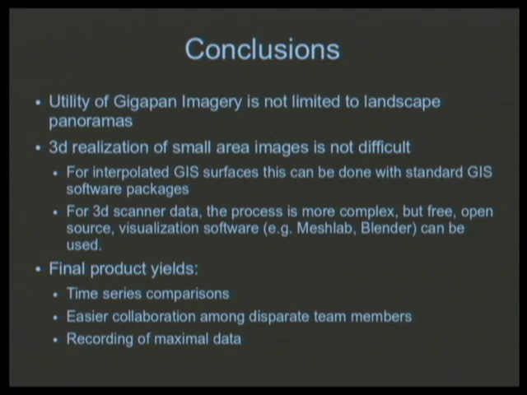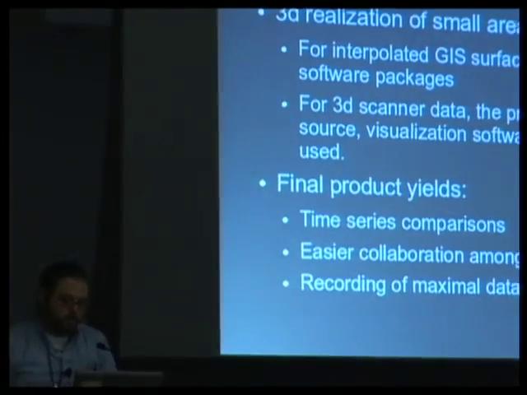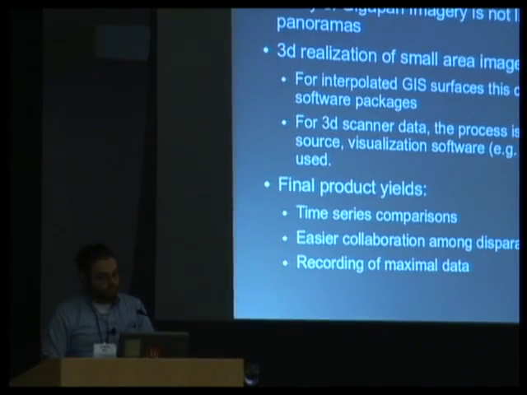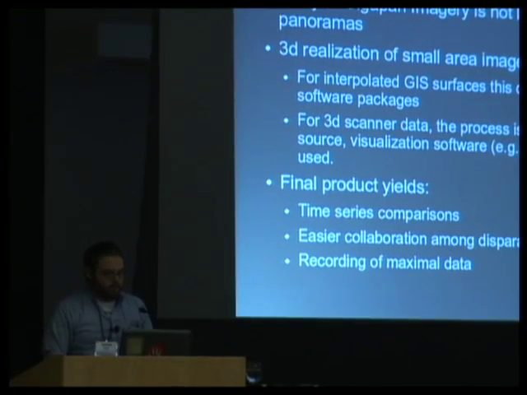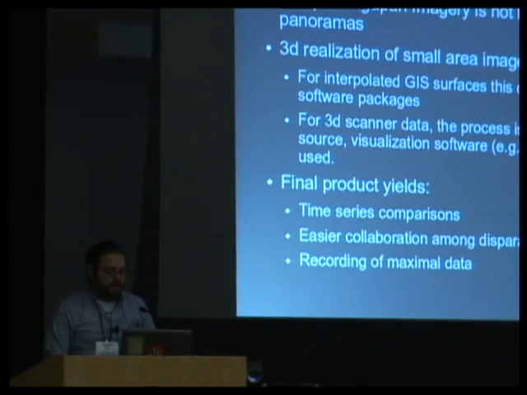For a GIS context, it's really easy because it's the same sort of tools that have been designed for putting satellite imagery and aerial photos onto things. The scanner data was a lot more complicated for me, but using a number of open source, free visualization software packages, I was able to do it, though I'm sure a trained person could do it a lot more effectively.